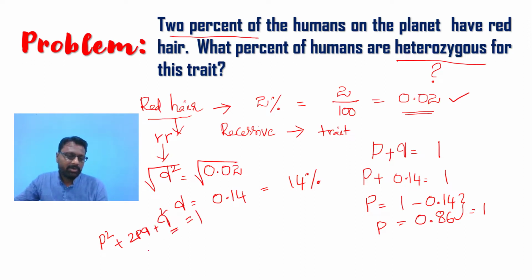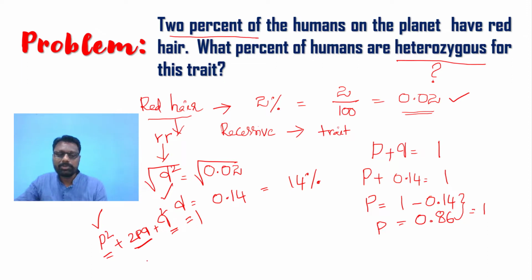Now you have the q value and the p value, but p square represents the homozygous dominant and q square represents the homozygous recessive. Here they are asking for the percentage of humans with the heterozygous condition, and 2pq gives you the percentage of heterozygous individuals.